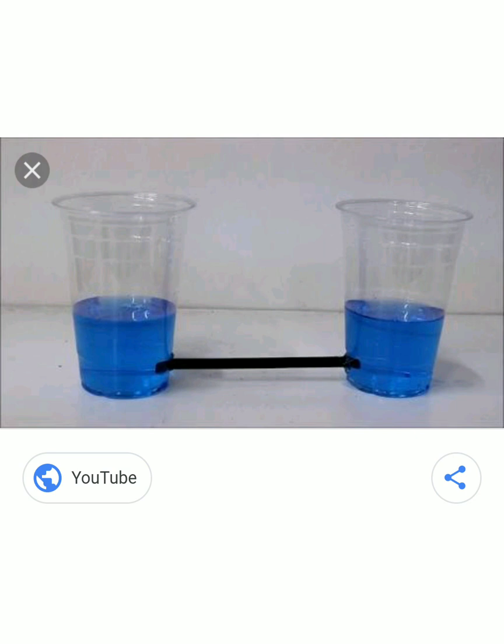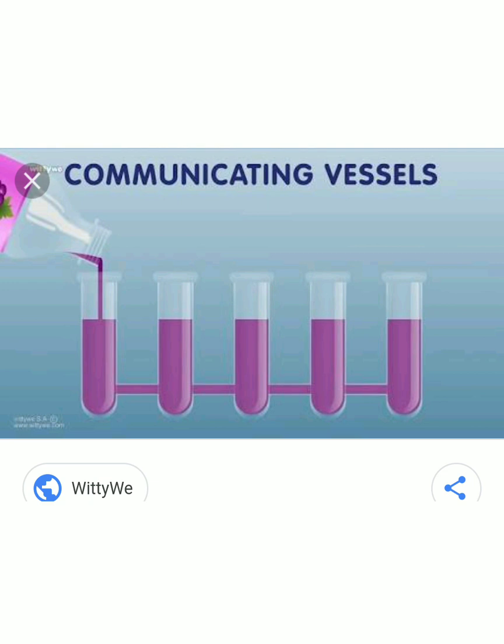Now let's add water to fill 1 bottle. What's happening? The water from this bottle flows to the other bottle through this connecting pipe. When will this flow of water stop? Whenever the water level of the 2 bottles is the same, the flow of water will stop.